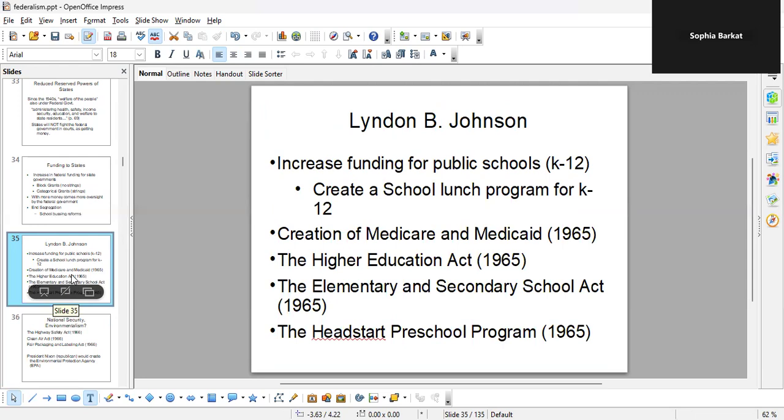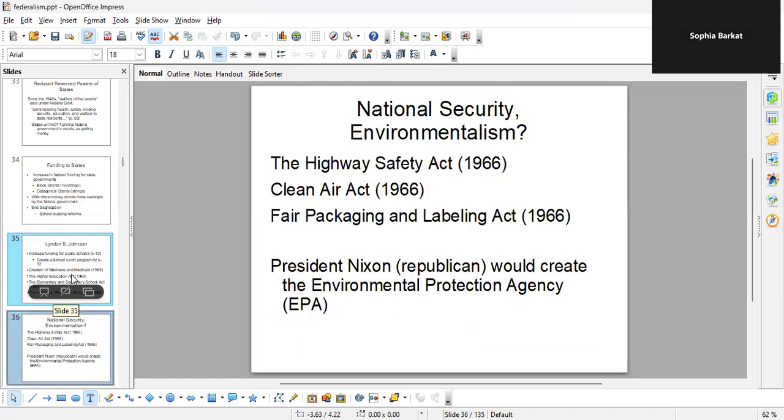But what is the nation if not 50 states, right? So the national government had to infringe, and it got away with it because it was giving so much money to the states, right? So the states are just quiet. Of course, they put up a fight once in a while, but they're generally appeased. They're happy. So they sort of join the bandwagon instead of trying to fight it.